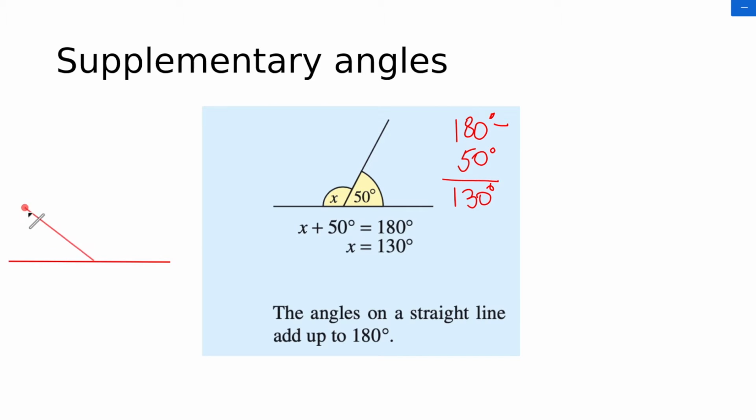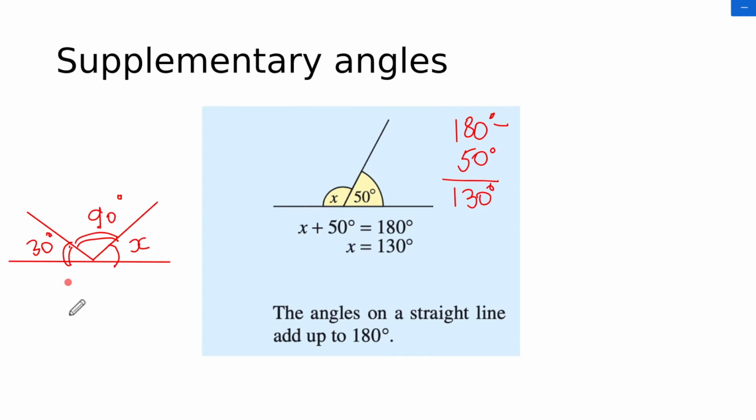I just want to add to that, and imagine we have 3 angles. We have one that is missing. Angle X is missing, but we know this angle here, which is 30, and we know this angle here, which is 90.